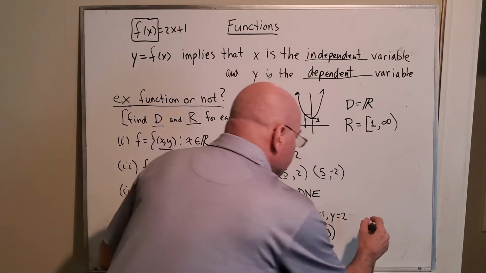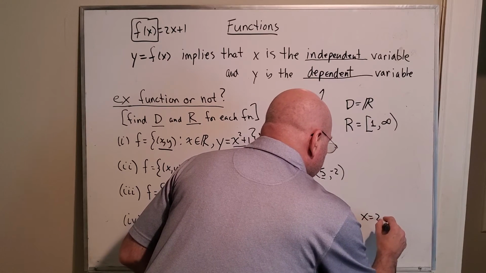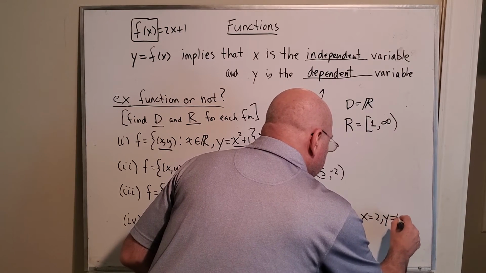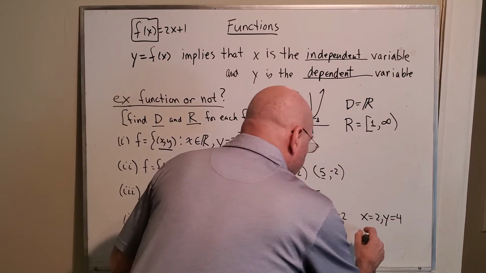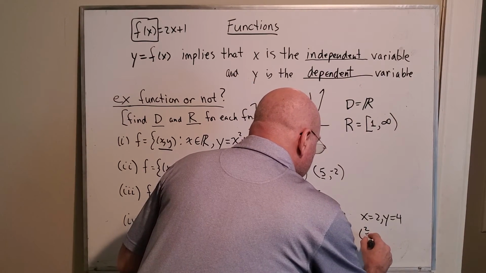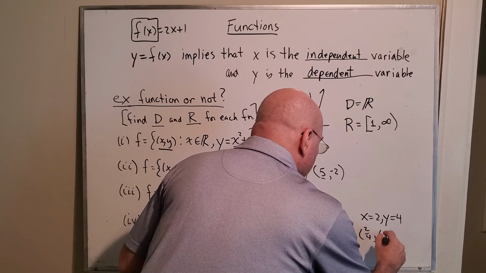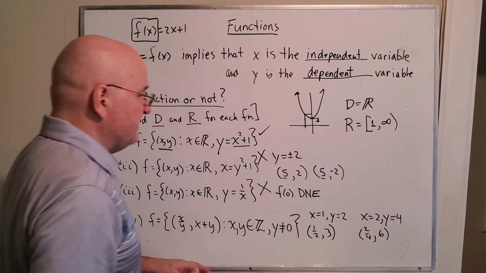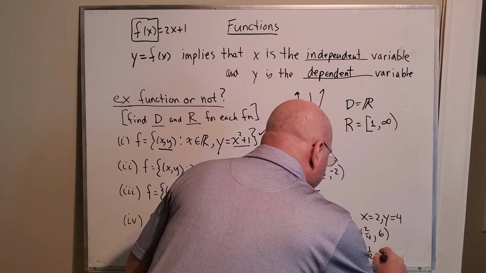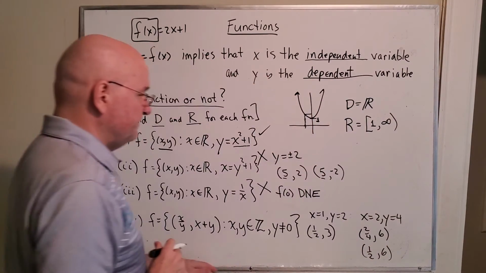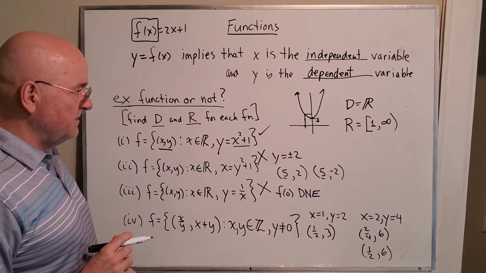Let's now go over to x equals 2, y equals 4. That's going to give me an ordered pair, 2 over 4, comma 2 plus 4, which is 6, which is equal to 1/2, comma 6. Hopefully you can see that.